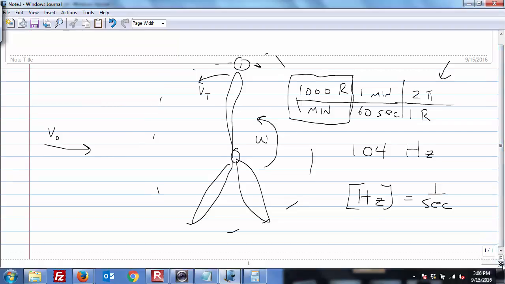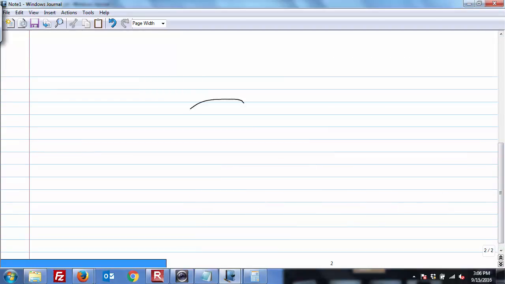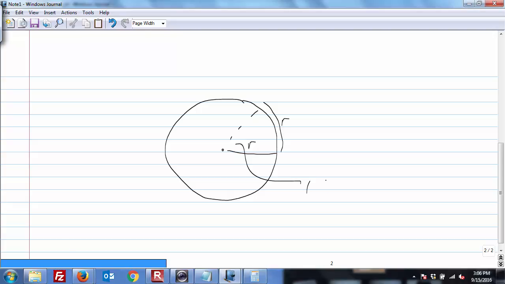beauty of using a radian, so if I've got a circle and I've got a radius of r, one radian is just basically taking that radius and wrapping it around the circle. As it turns out, that angle right there is 1 radian.